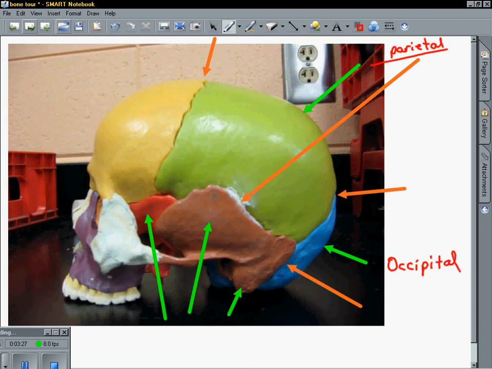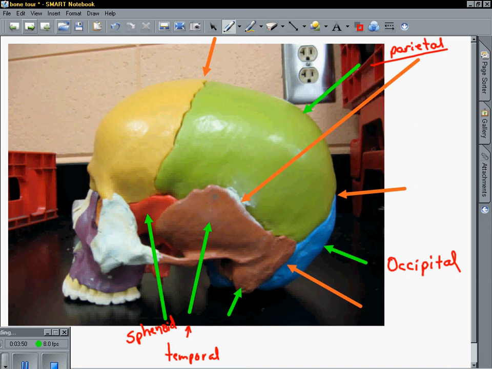And then our next bone, it's got two green arrows to it, is called the temporal bone. And then the other one, the red bone, is the sphenoid. That's a good view of that sphenoid. I still don't have a good view of that ethmoid in there for you. Be sure and look at that in class.